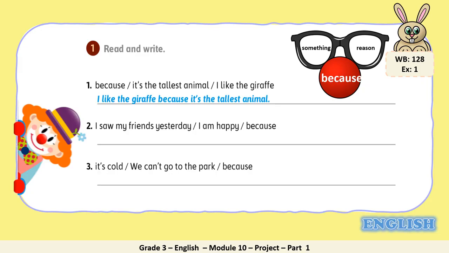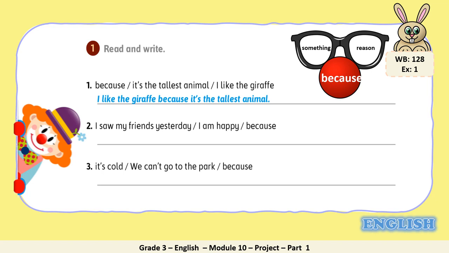Sometimes you can also look for capital letters to spot the beginning of sentences. Let's take a look at the first example. Because it's the tallest animal, I like the giraffe. The correct answer is I like the giraffe because it's the tallest animal.